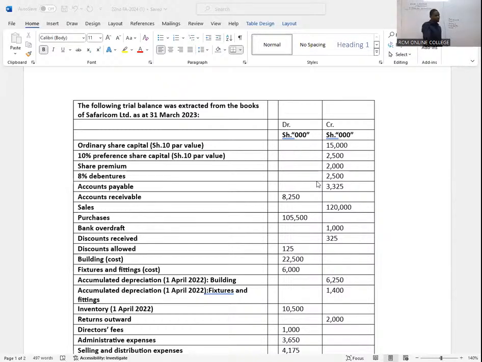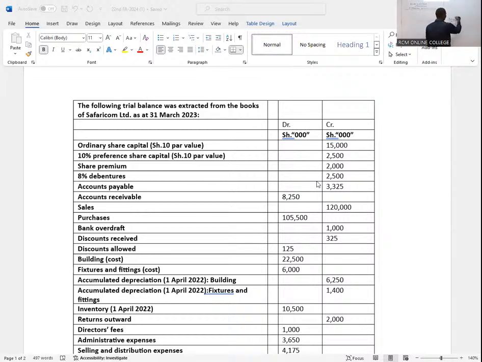And if you look at what we have here, all the debit side items fall under drawings, expenses, or assets. For example, look at our purchases. Look at our accounts receivable. That is an asset. So they are on the debit side.